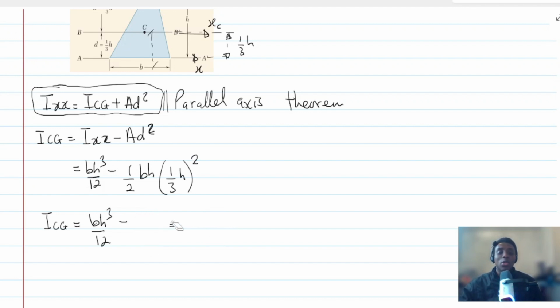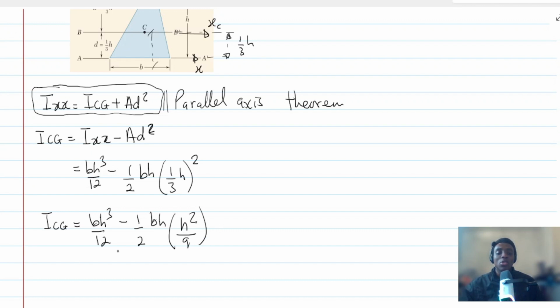So this one is actually going to be 1/2 bh multiplied by h squared divided by 9, because the square of 3 is going to be 9.